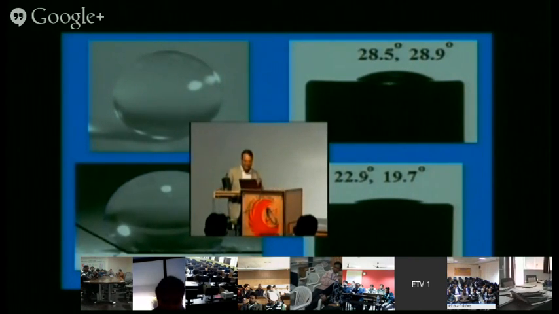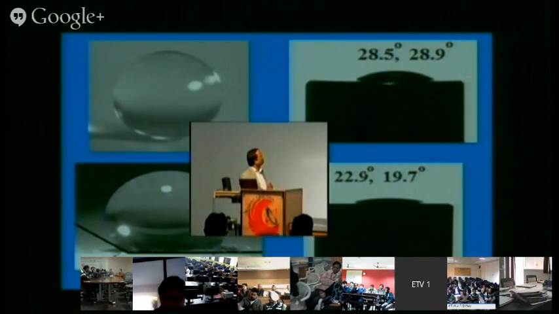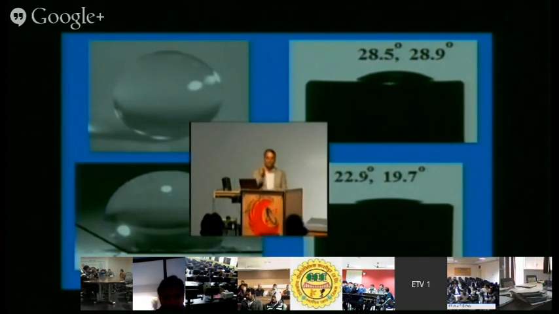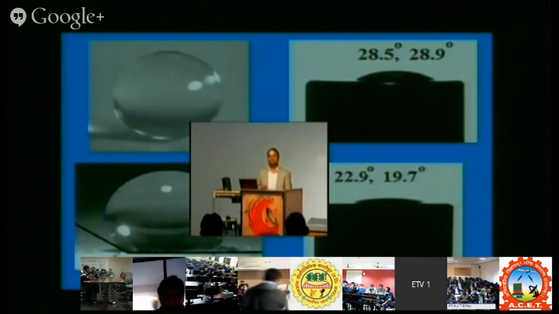Now, if the spherical droplet takes this type of shape, the contact angle becomes like this, so it will be wetting. We created this surface through laser. Here, for one drop, the contact angle is 28.5 degrees, and after surface modification, the contact angle is 22.9 and 19.7 degrees. So if we create this surface on a cylinder liner or on a piston ring, wettability will be better, less lubricant is needed, and friction will be lesser.